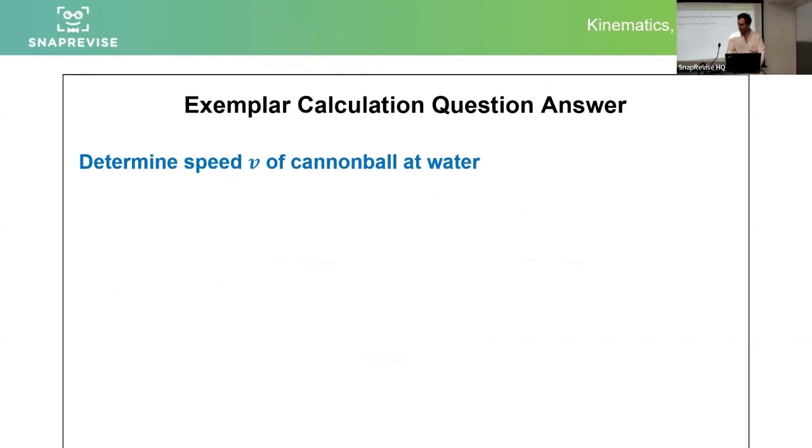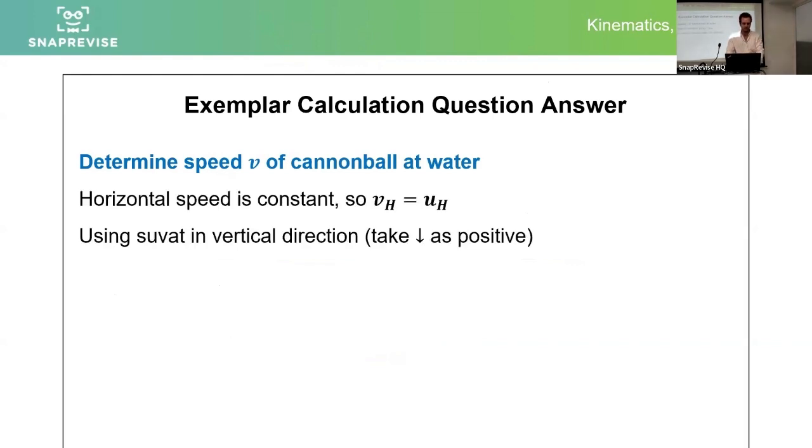And then finally, determine the vertical speed. The final speed horizontally will be the same as the initial speed because it doesn't speed up, doesn't slow down. There's no acceleration in the horizontal direction. So that's fine. Vertically, we've got 4 out of the 5 pieces of information.